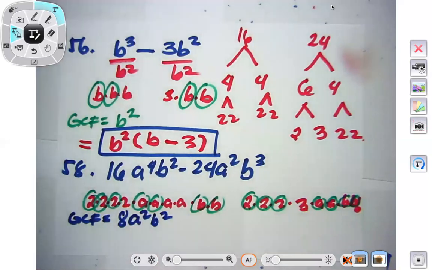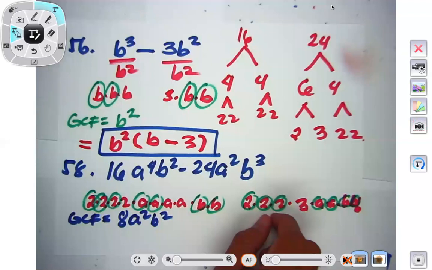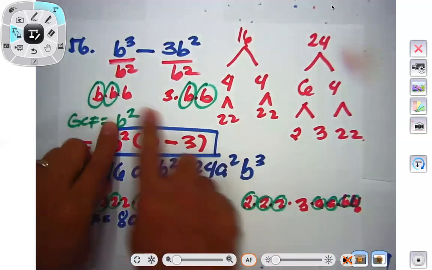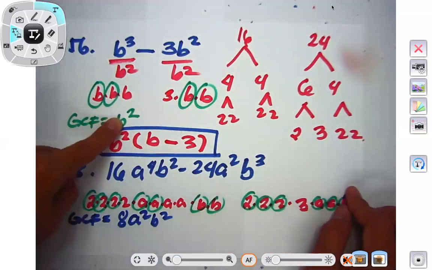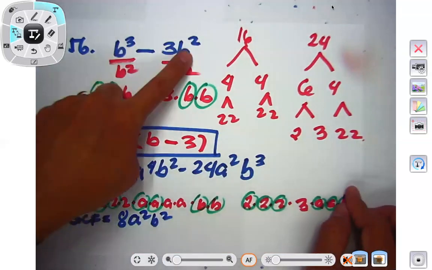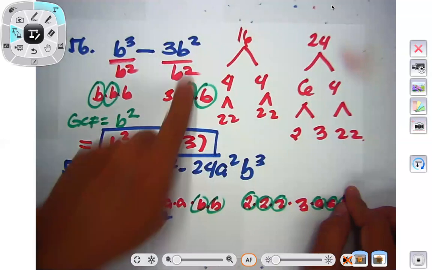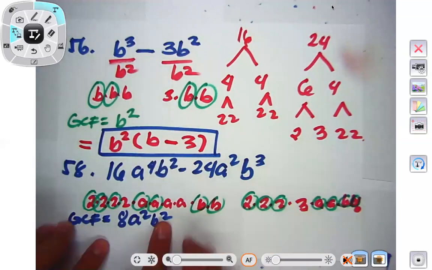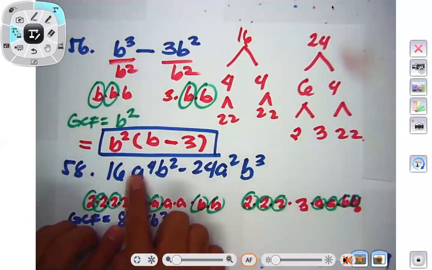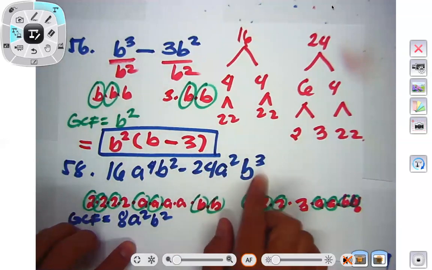Now I want you to notice one thing. When you're looking for the greatest common factor of powers like this, the GCF here is b squared. Do you see b squared here? Yes, it's there. Now, between a to the 4th b squared and a squared b cubed, your GCF is a squared.